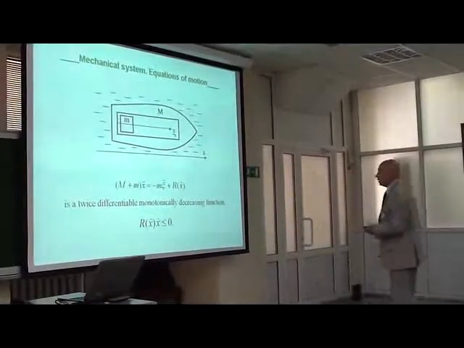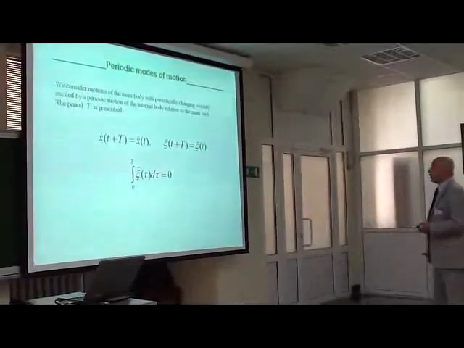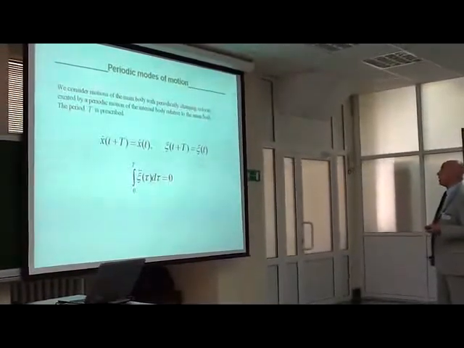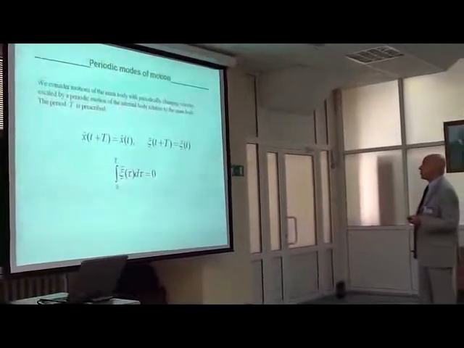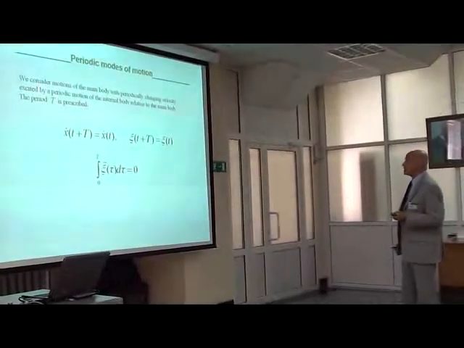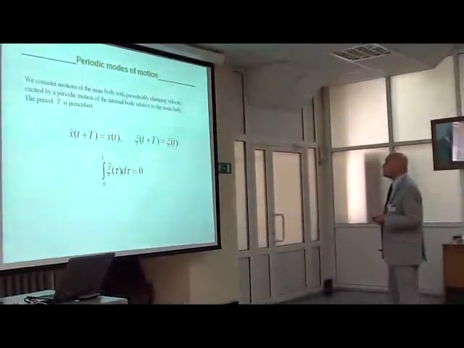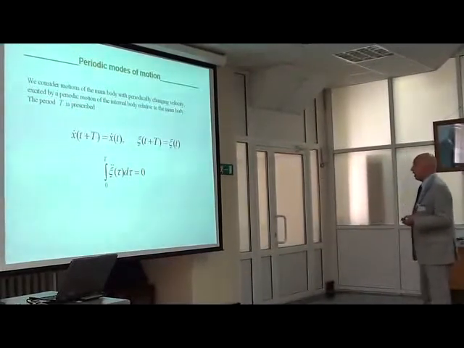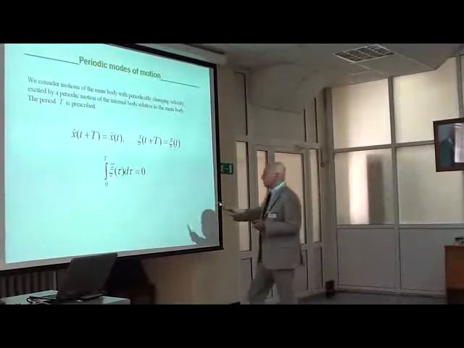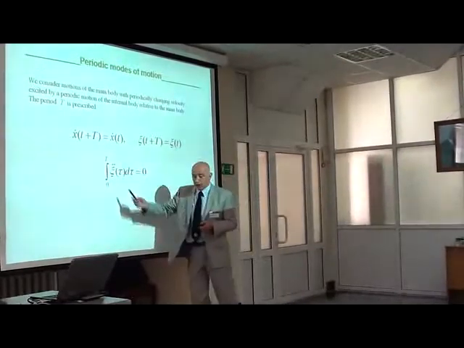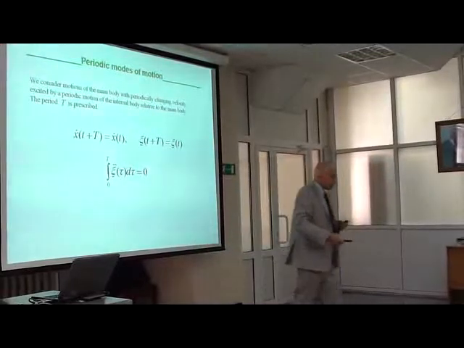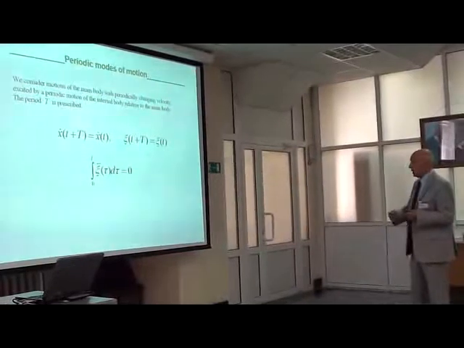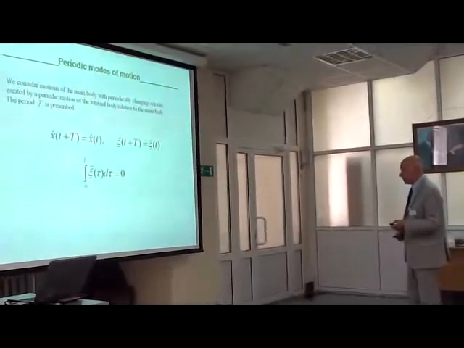It is resistance. We consider periodic motions: main body with periodically changing velocity, excited by a periodic motion of the internal body relative to the main body. And period T is prescribed, and this is the condition that guarantees that our displacement is bounded inside the body.